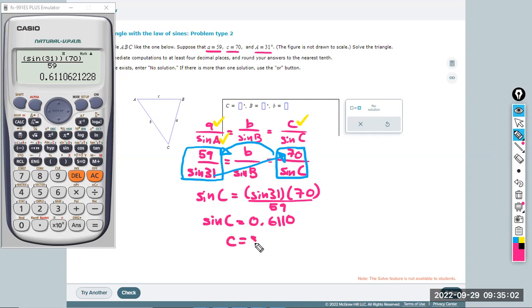So I'm going to apply inverse sine on both sides of the equation, and I will have this. Then I'm going to put it in the calculator. So inverse sine of 0.6110 equals 37 degrees. Now, here comes the important part for us, guys.